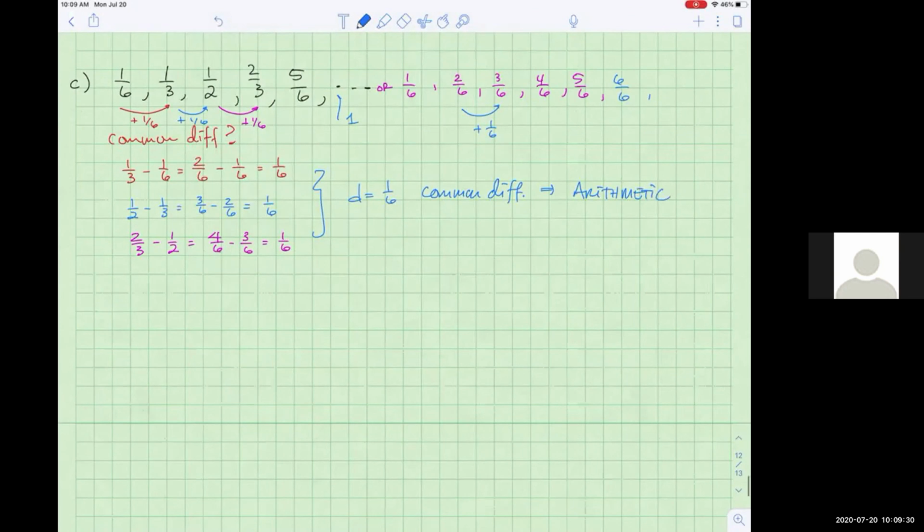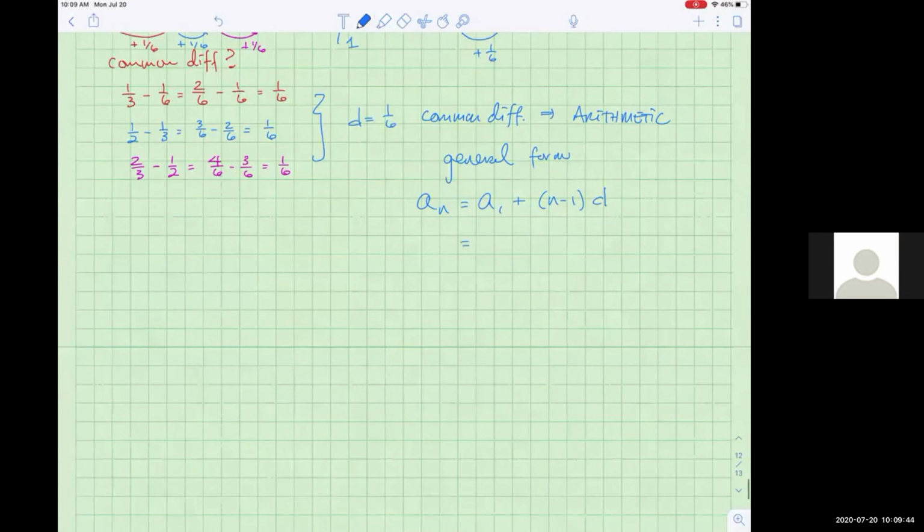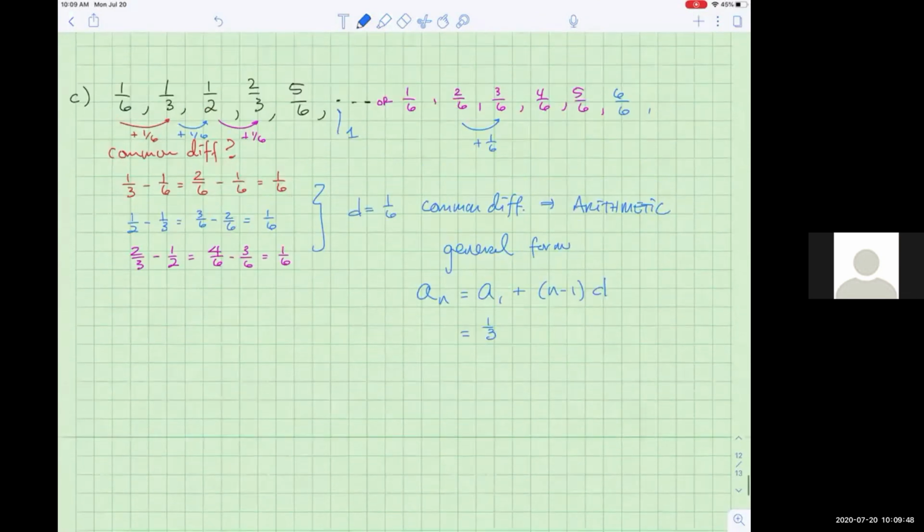And our general form for an arithmetic sequence is a sub n is equal to the first term plus n minus 1 times the common difference, which happens to be 1/6.